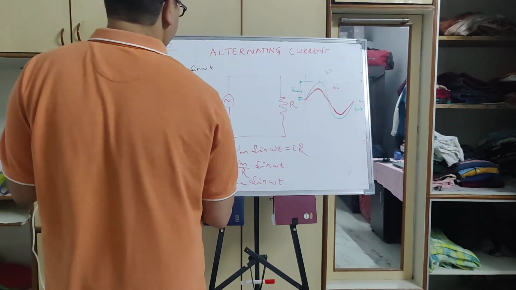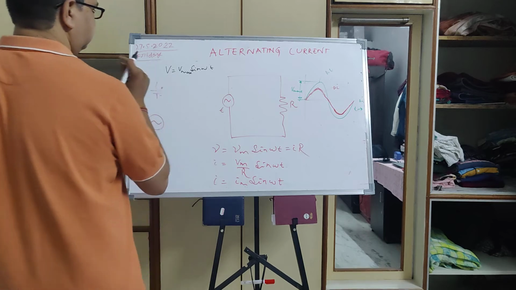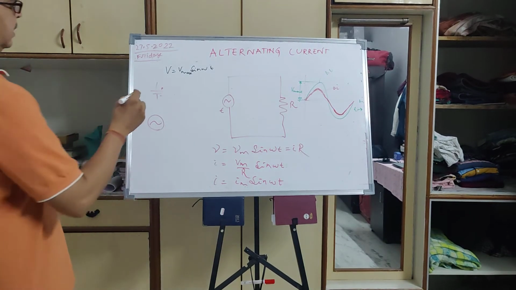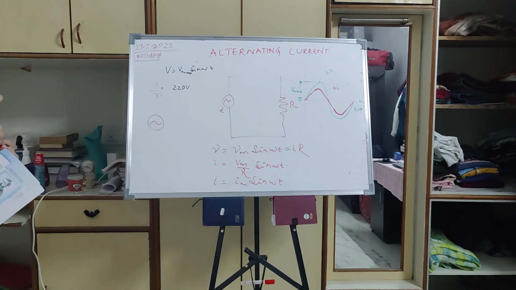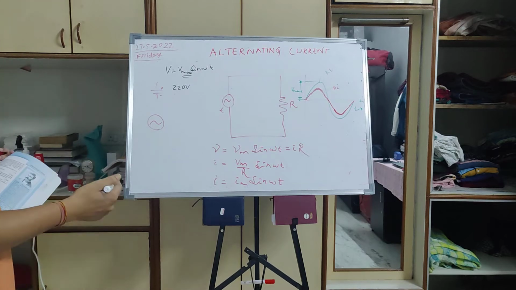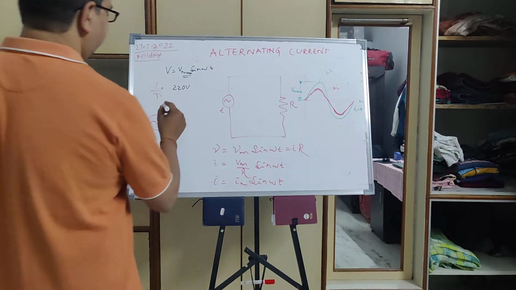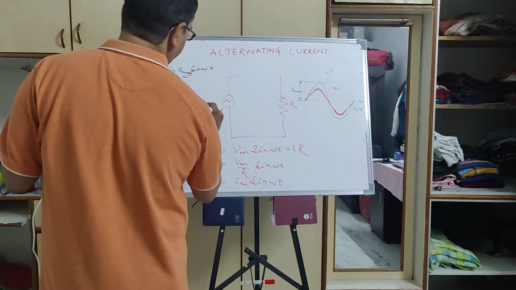So let us say in our house my voltage is 220 volt. Is it V max? No, it's not V max. V max will be 220 into root 2.